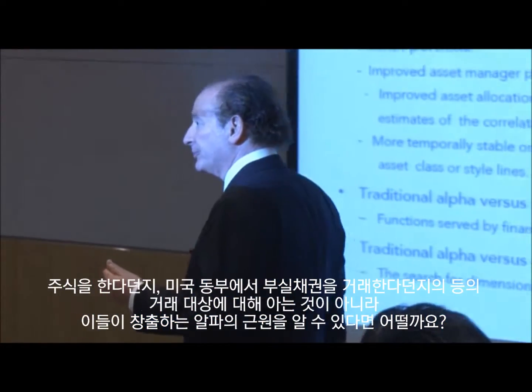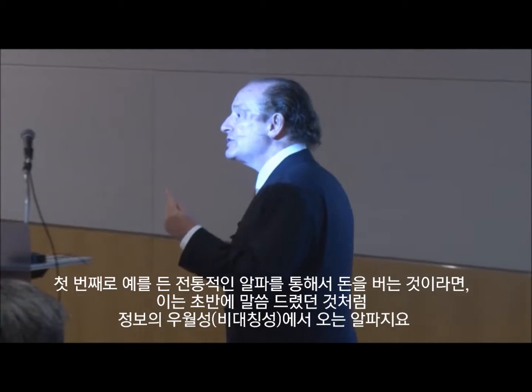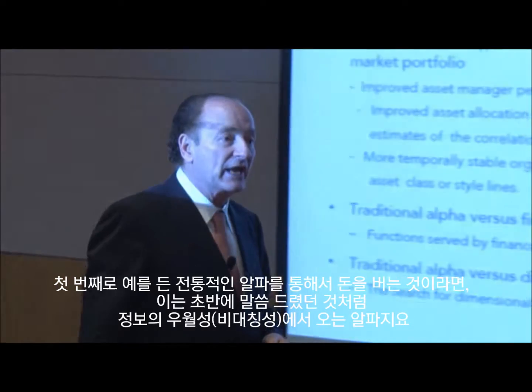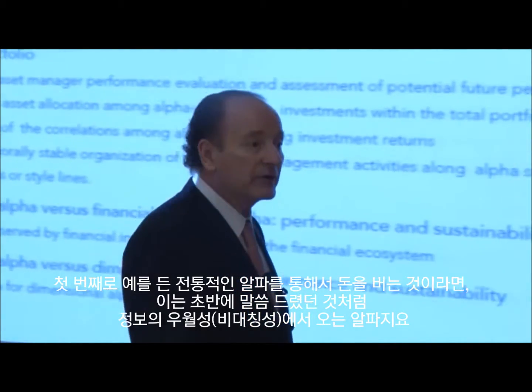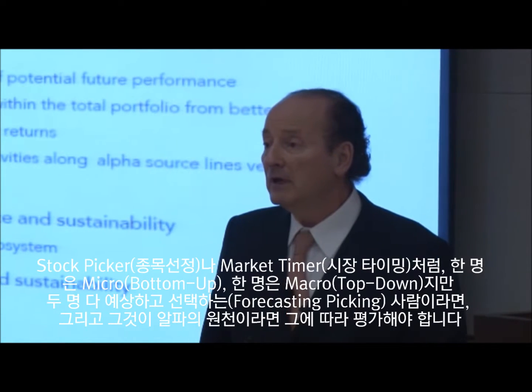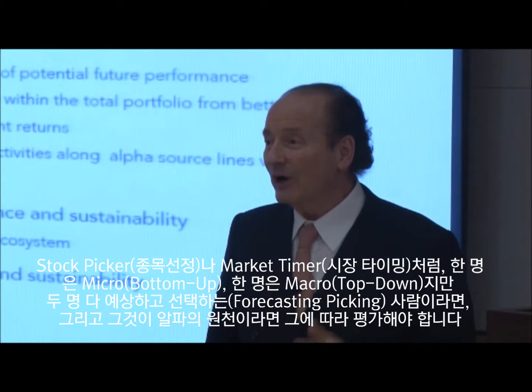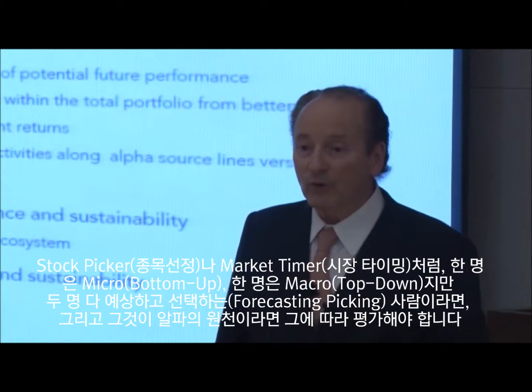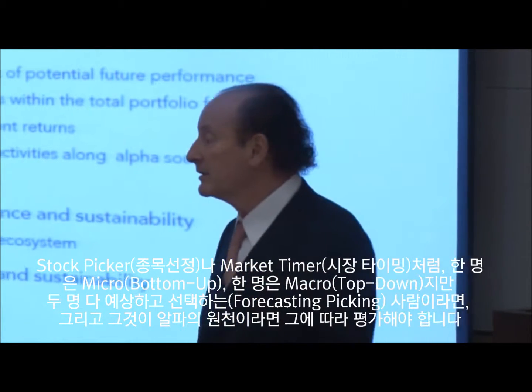What's the source? If the source is the first alpha, traditional alpha, the one I said most people would answer to the question, where does alpha come from? Information superiority. Stock picker, market timer. One's micro, one's macro, but they're both forecasting, picking.